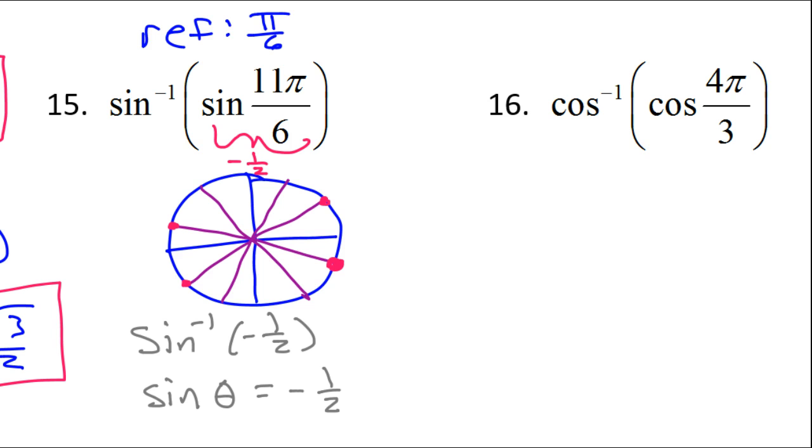So, of course, one of them is here, which we knew, because that's our 11 pi over 6. But another one is here. So we have these 2 answers to write.